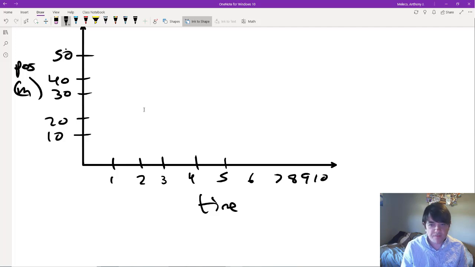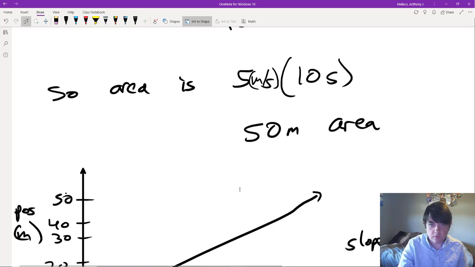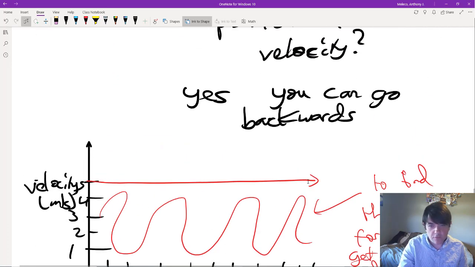Okay, we go up to 50 over 10 seconds. And you'll notice our slope now is rise over run, 50 over 10, which is 5, which is what this was.